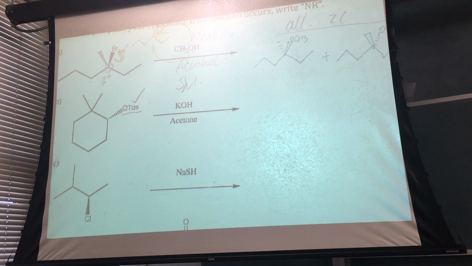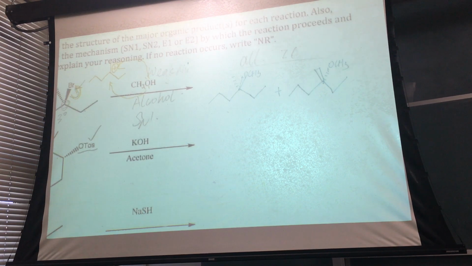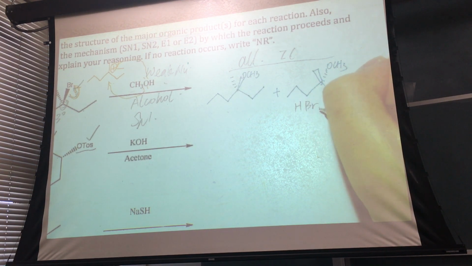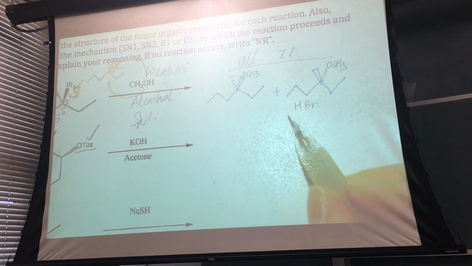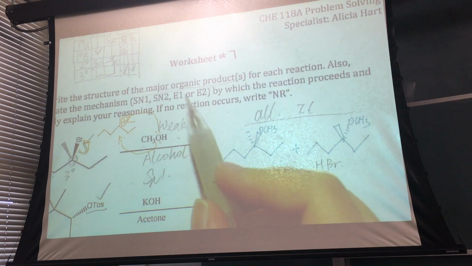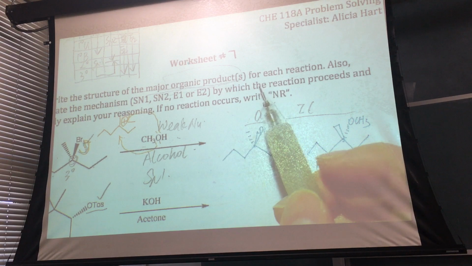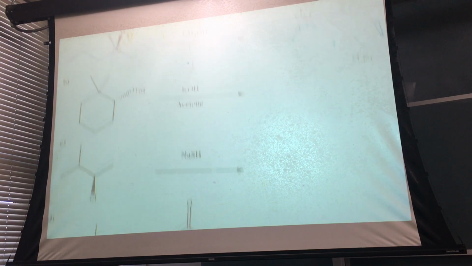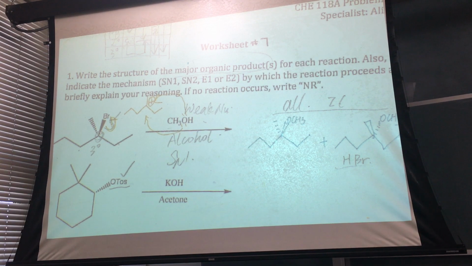We leave out what happens with the HBr? Or are we supposed to write that down as well? You can write that down, but it is not an organic compound, so usually they ask you to write the organic products. In an example later, if you are substituting something with alcohol, you do need to write that alcohol because alcohol is an organic product.